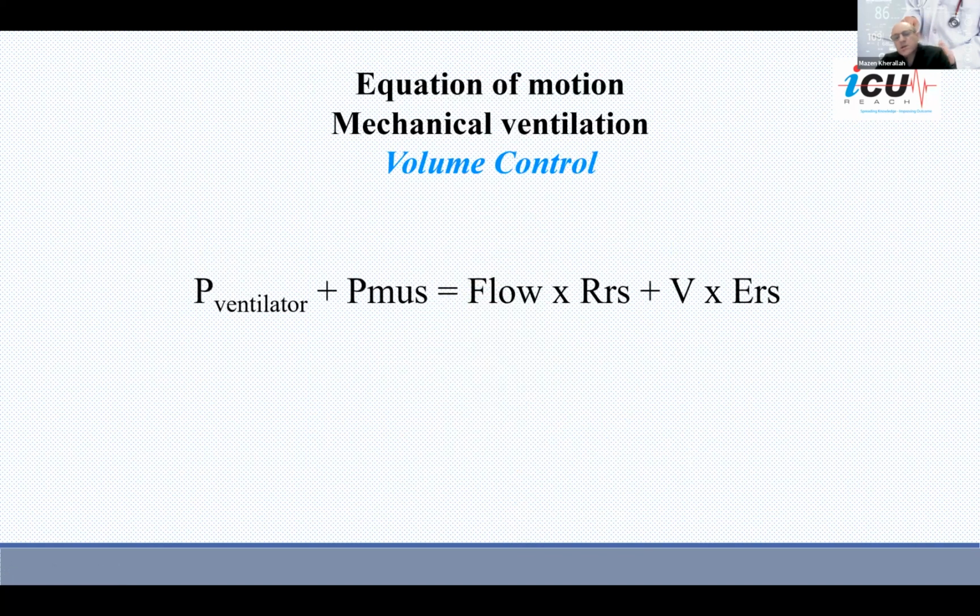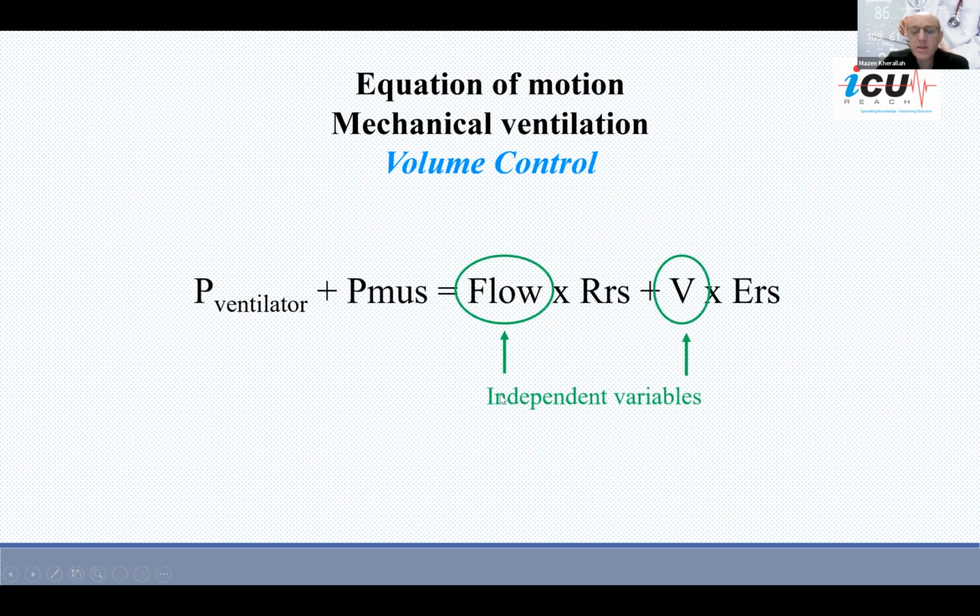Now, in traditional volume control, if you take this equation and look at volume control, CMV, assist control, whatever is named on your ventilator, what we have is independent variables. So you set the volume here. If you set the volume, then this variable is independent.